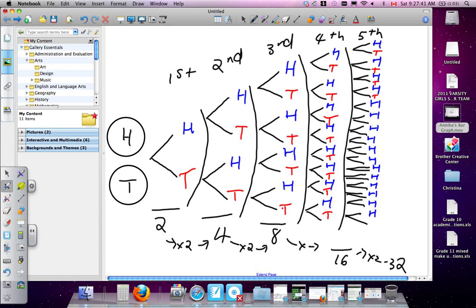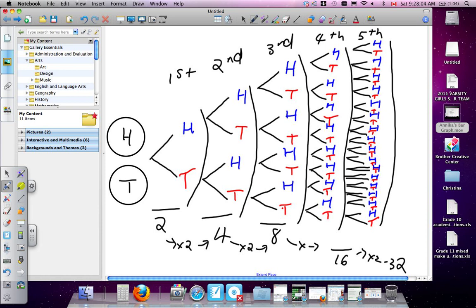That's right, half of them. If you think about it, half would be heads, so how many will be tails? 16 again, that's right. So after our fifth flip, we have 32 options, and 16 of them are heads and 16 of them are tails, okay?